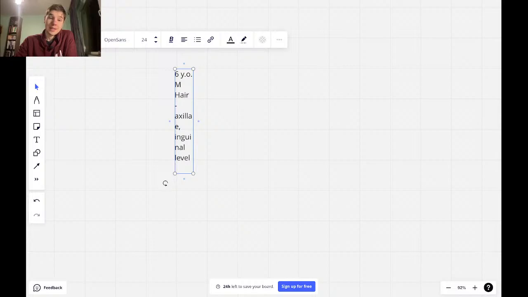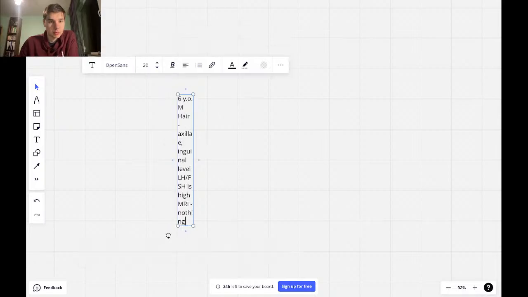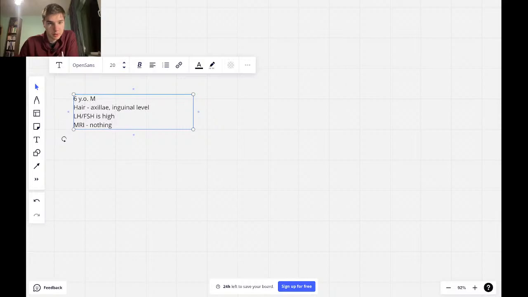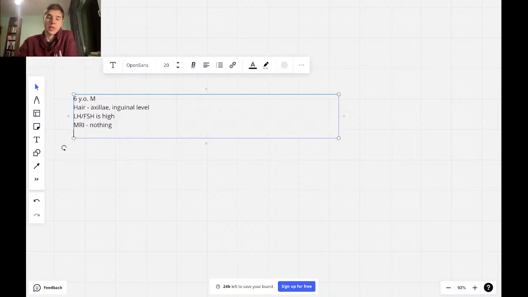Now, his LH and FSH are high. So he undergoes an MRI that shows nothing. Let me see if I can... Okay, that's better. The MRI shows nothing. Then what is the diagnosis?